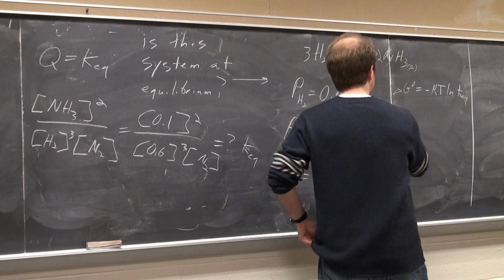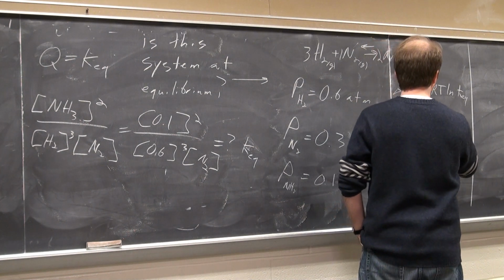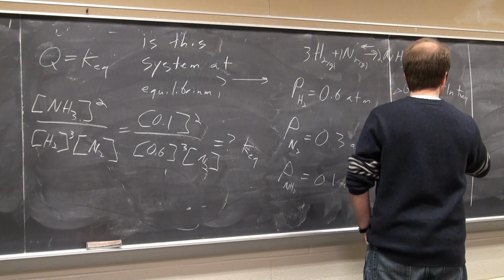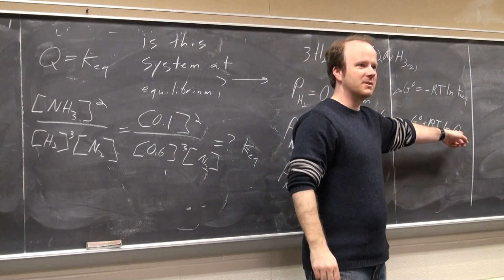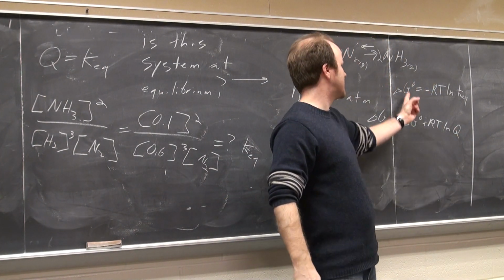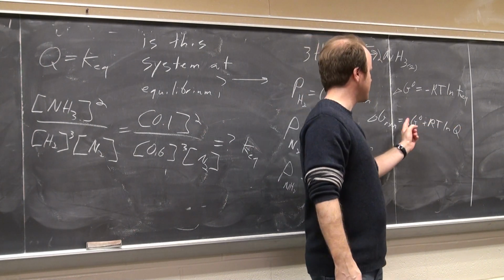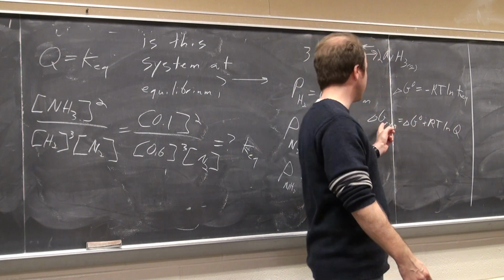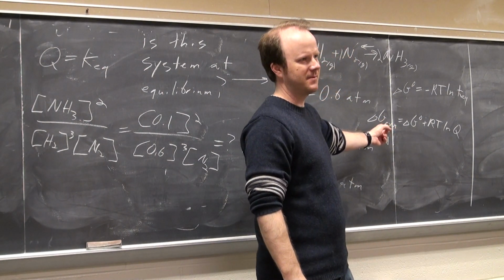Or if you have delta G of the reaction is delta G0 plus RT ln Q. We know what Q is, we just calculated it. We still need delta G0, you can't get around that. So we could use this equation, delta G0 plus RT ln Q, to figure out if we're at equilibrium. What's this value going to be? 0.